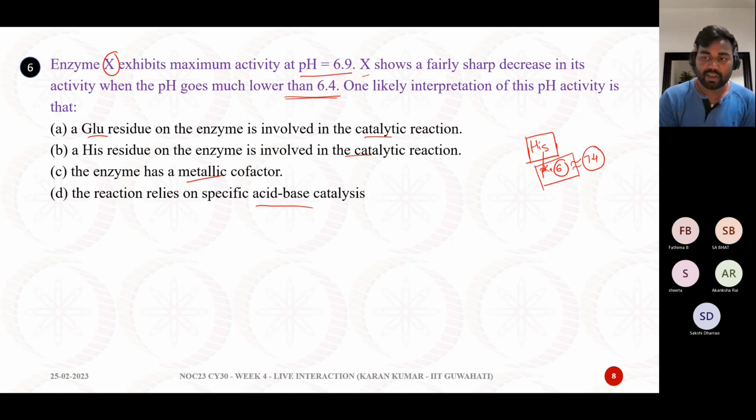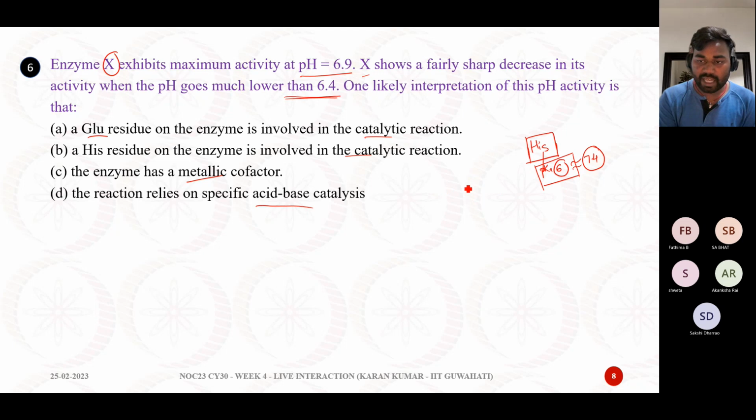Because of this nature, when histidine is in an acidic environment, it will exhibit a positive charge on its surface, and it will change its surface accordingly. I guess I have miscommunicated here.